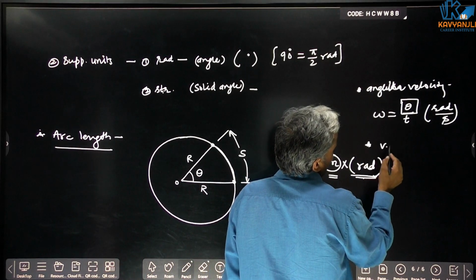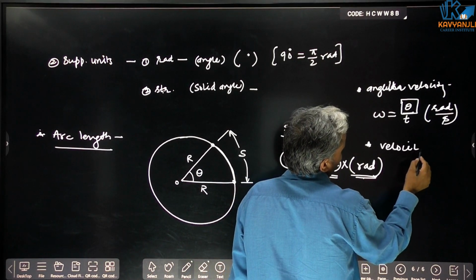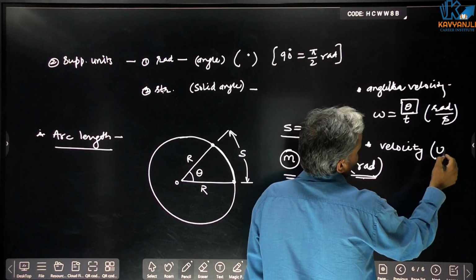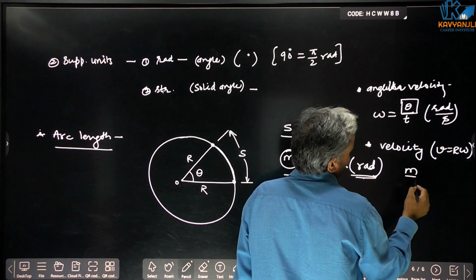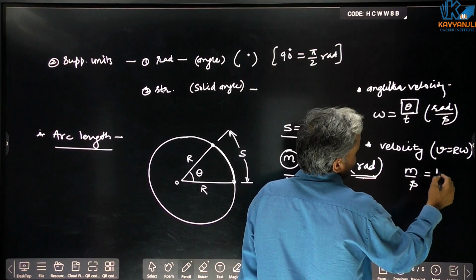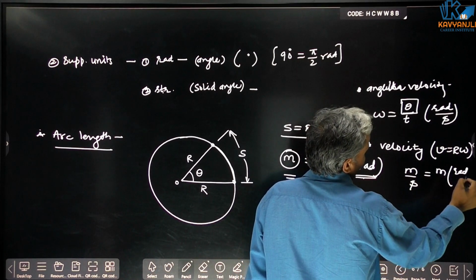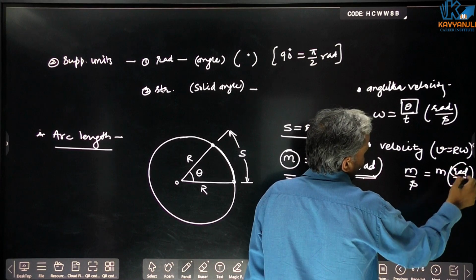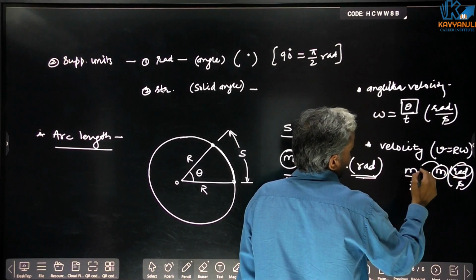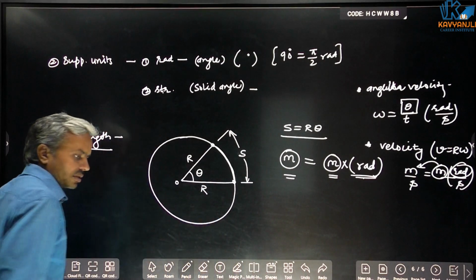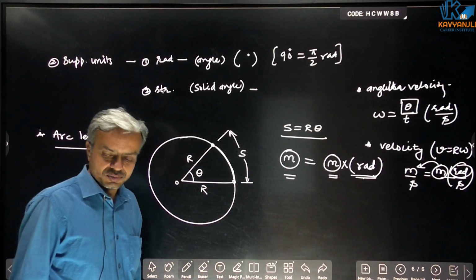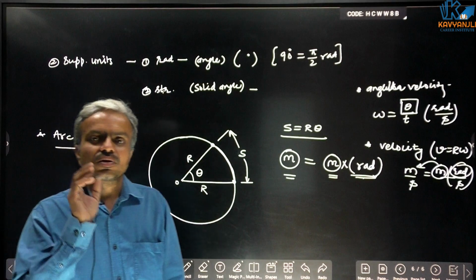When you change into the velocity, the formula is V equal to R omega. So V is meter per second, R is meter and omega is radian per second. So when you multiply radian into meter, it gives only meter. That's why radian is a supplementary unit. Hope this clears the supplementary unit idea.